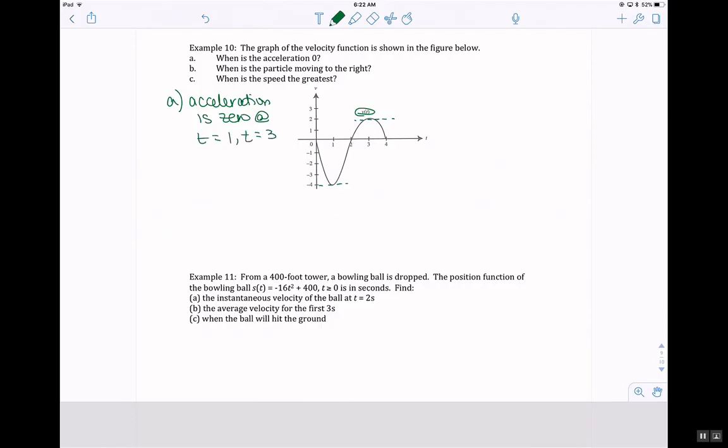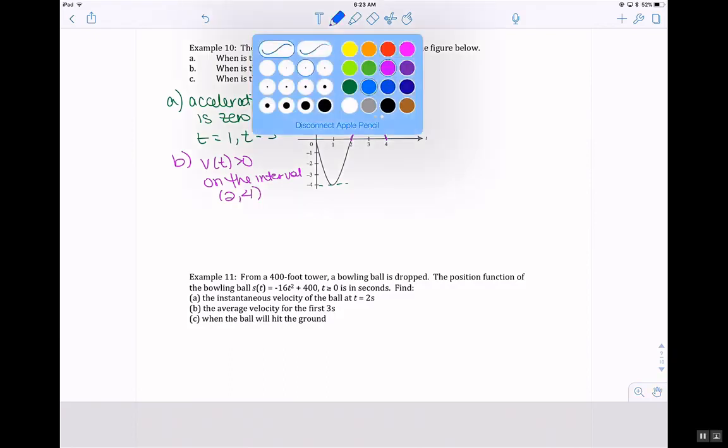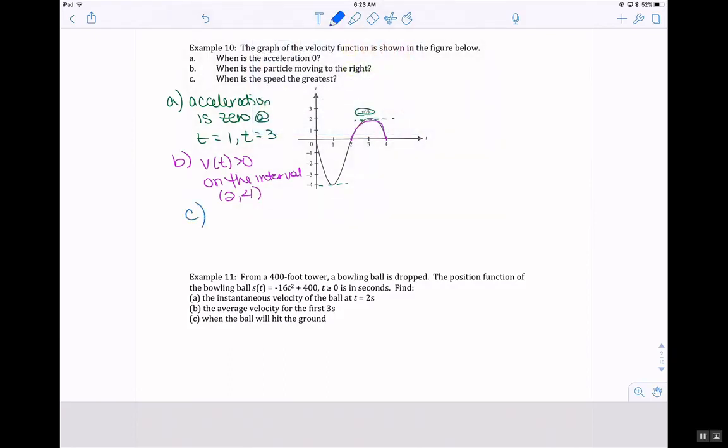Then when is the particle moving to the right? The particle moving to the right is when v of t is bigger than 0, which is above the x-axis, so on the interval 2 to 4. And then c, when is the speed the greatest? Well, when I look at my velocity graph, speed is the absolute value of velocity.